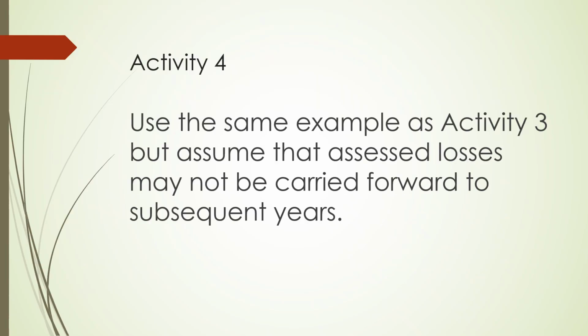Use the same example as activity 3, but assume that assessed losses may not be carried forward to subsequent years. Pause the video here before looking at the suggested solution and attempt the question on your own.